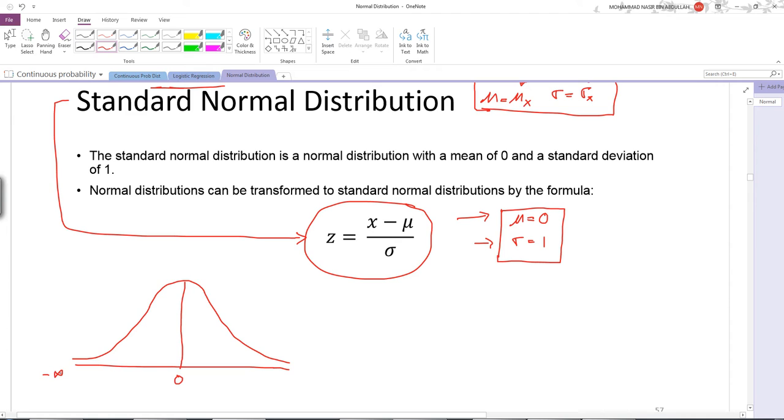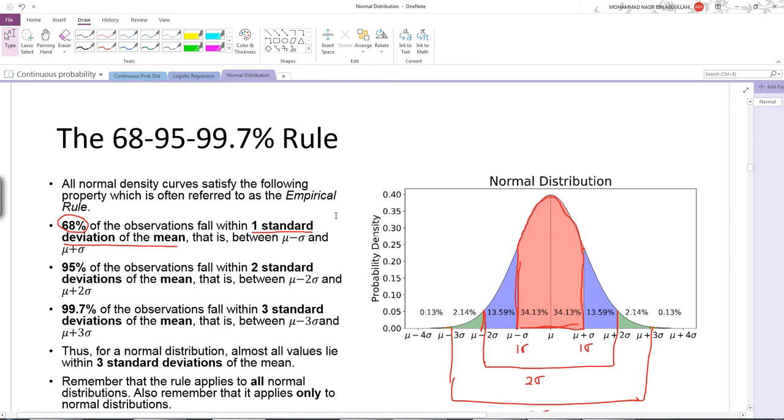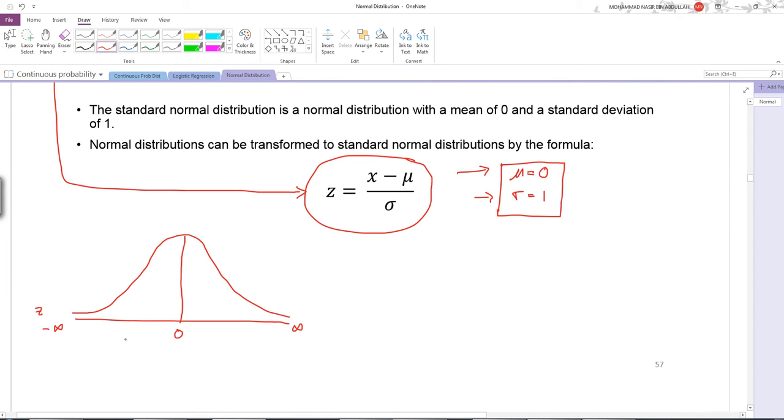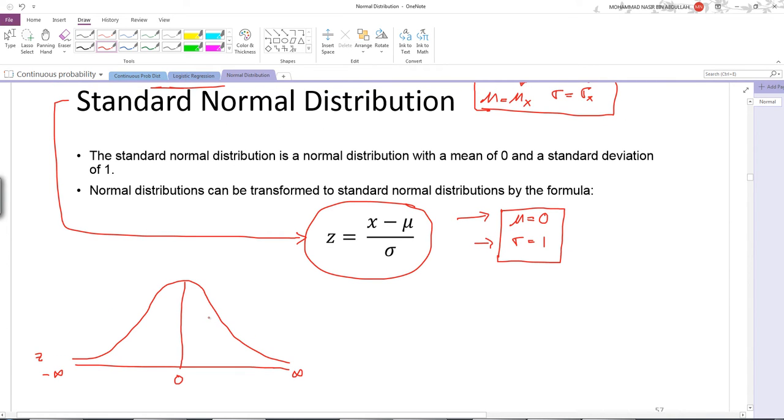And this is from negative infinity to infinity. This is the Z axis lah, right? Instead of yang sebelum ni, this one is the X axis, right? So dekat bawah ni untuk standard normal distribution, this is the Z axis, right? Okay. Boleh faham the concept of standard normal distribution and normal probability distribution, right? Any questions so far regarding standard normal and probability distribution, normal distribution function? Ada soalan tak?